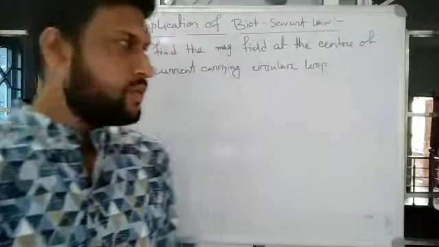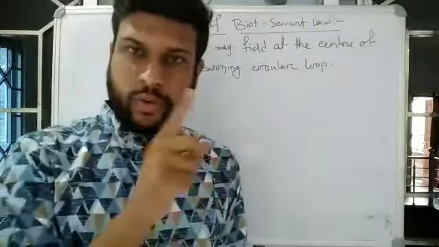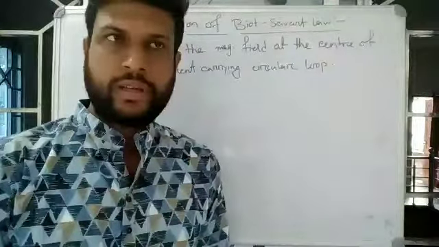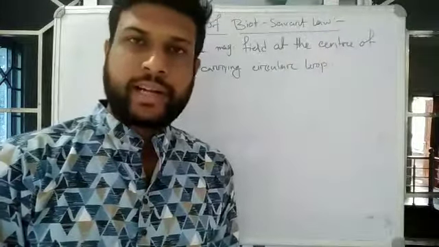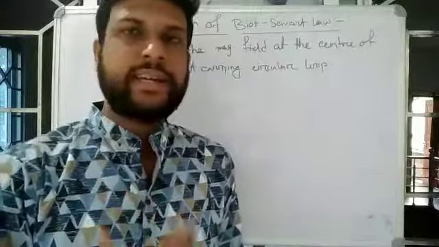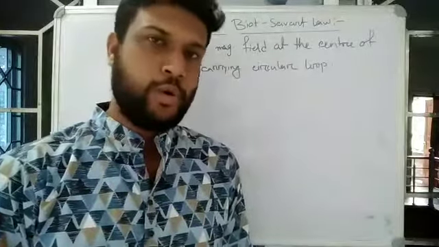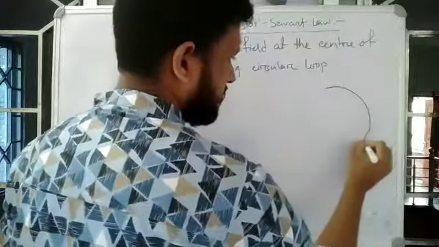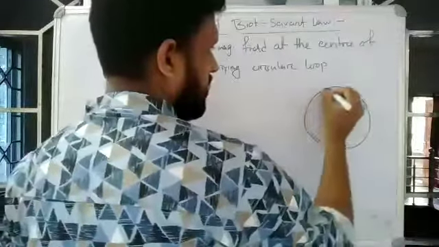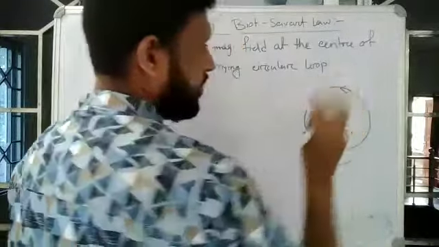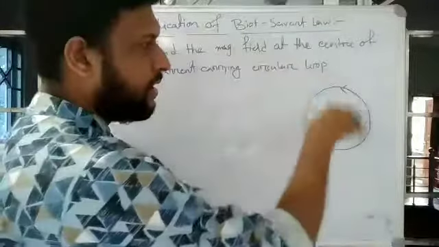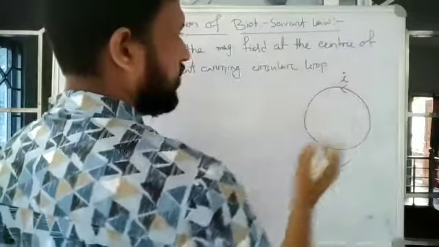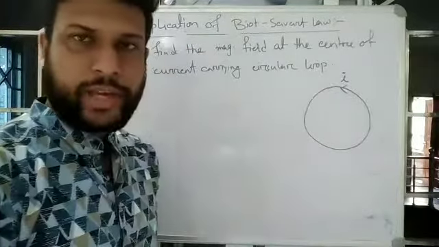We will take a circular loop conductor which is carrying a current. Then what will be the magnetic field produced at the center of that loop? Suppose this is my circular loop, circular wire, in which the current is flowing in this direction, suppose anti-clockwise.